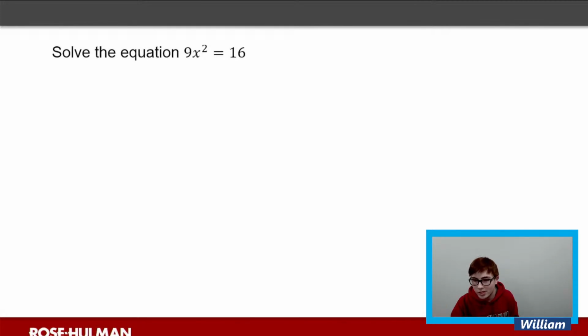The first thing you're going to want to do is sort out the sides. We're going to make this into quadratic form, so 9x squared minus 16 is equal to 0, which is interesting, right? Because we don't have an x term, but it turns out not having an x term is totally okay. Just like last time in the video where we did FOIL and factoring, and you might not have had a middle term, that's still okay.